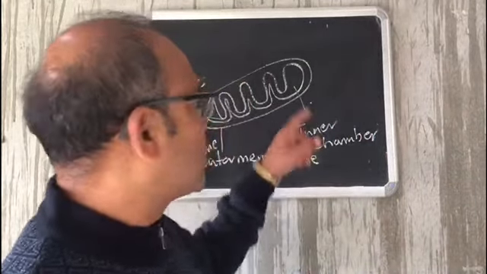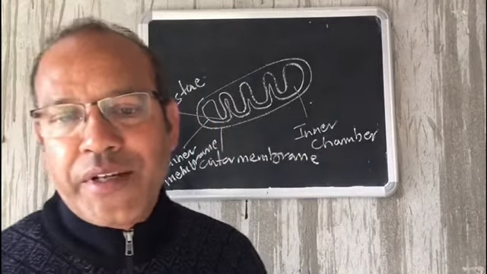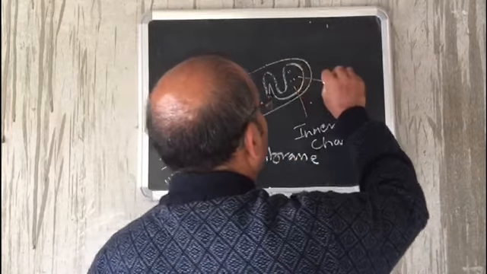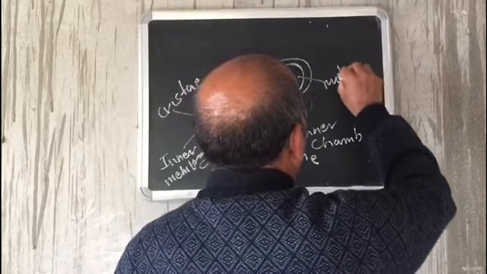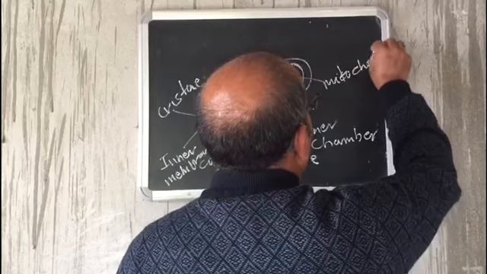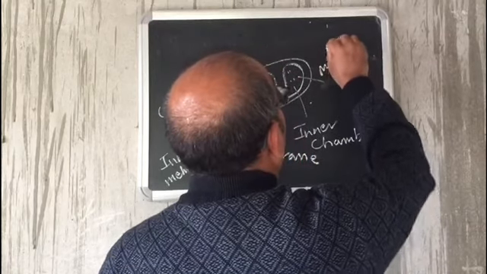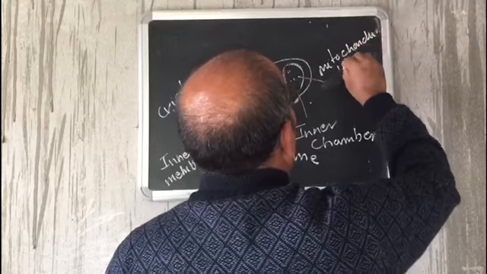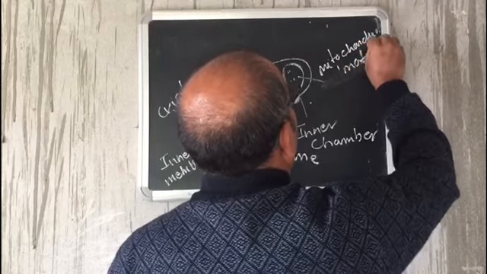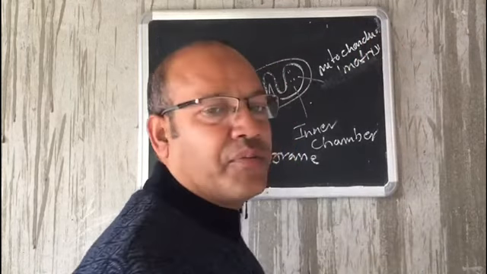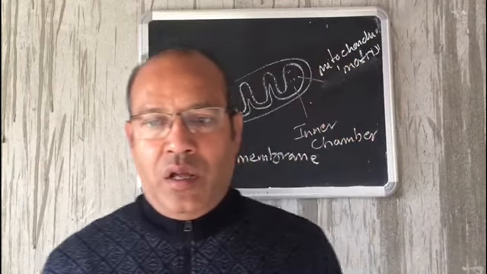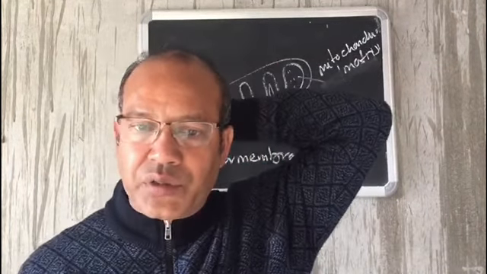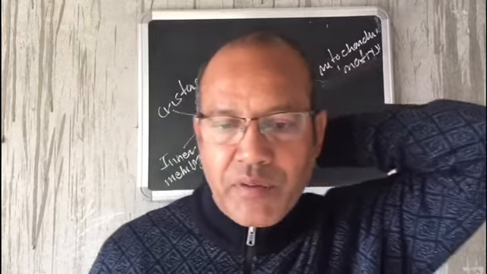The inner chamber is filled up with a fluid which is called the mitochondrial matrix, thus dividing the inner chamber into incomplete partitions. There are a number of partitions.